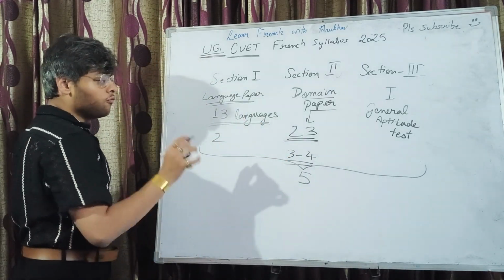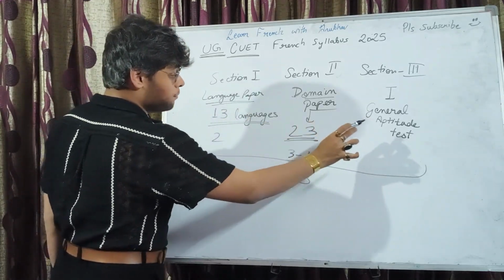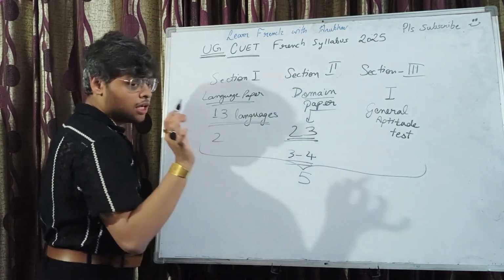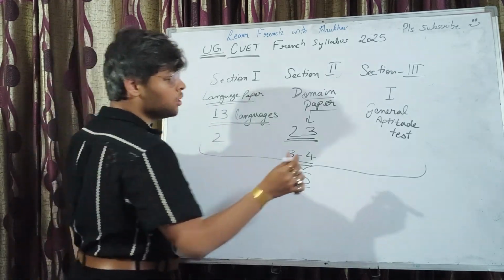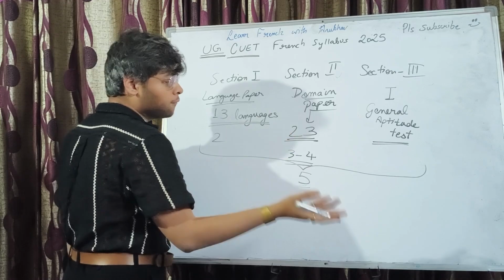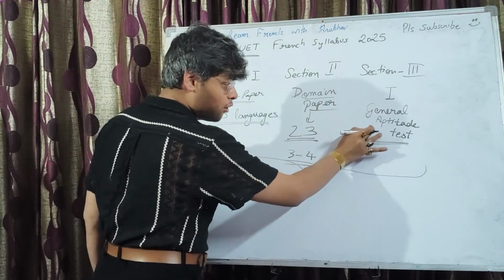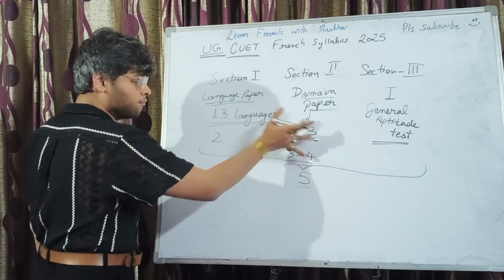This means that out of 37 exams, 13 plus 23 plus 1, 37 exams, you can opt for 5, out of which general aptitude test you should not skip at all, because majority of the universities ask for the general aptitude test, and then you can make a choice between these two.